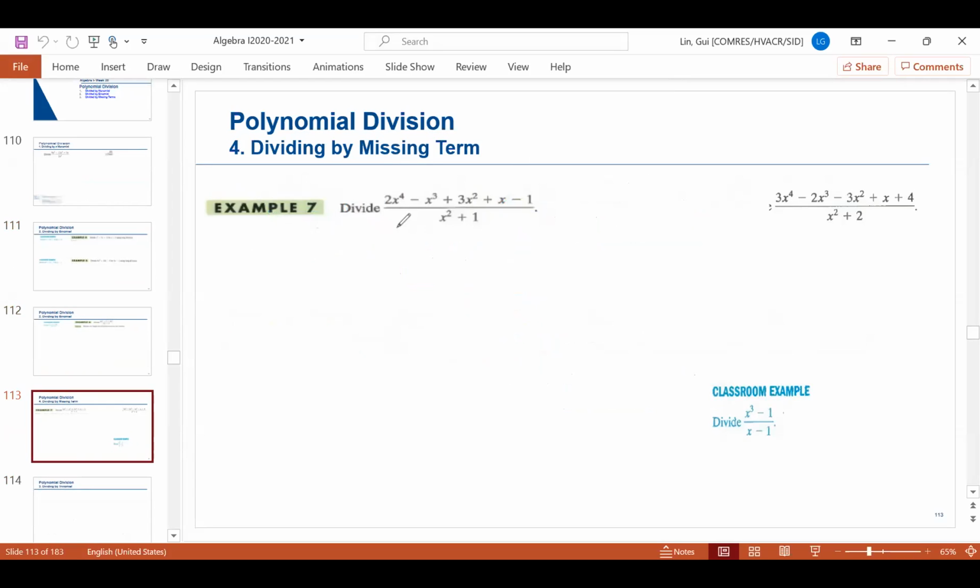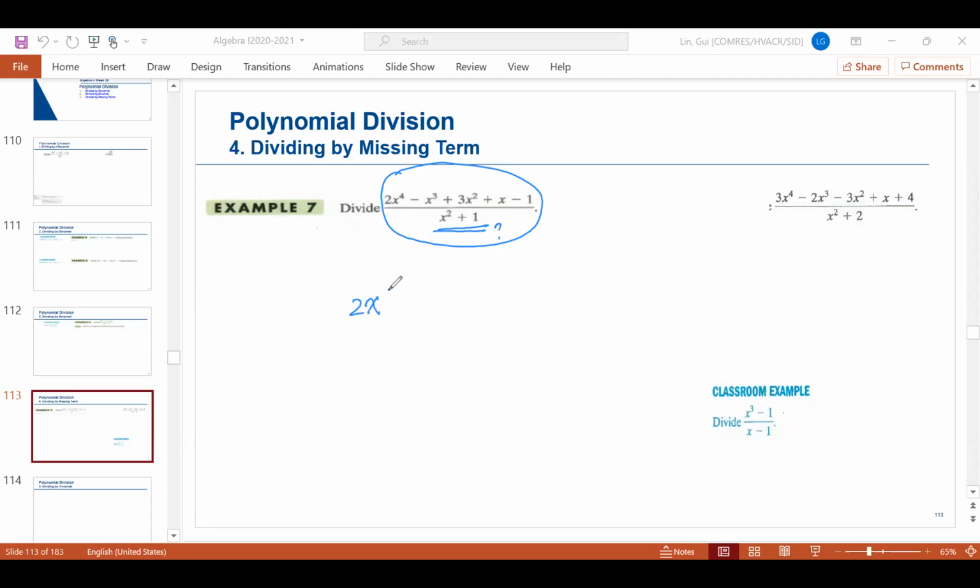Let's take a quick example like this one, with a lot of terms in the numerator and only two terms in the denominator. In this kind of situation, what do we do?